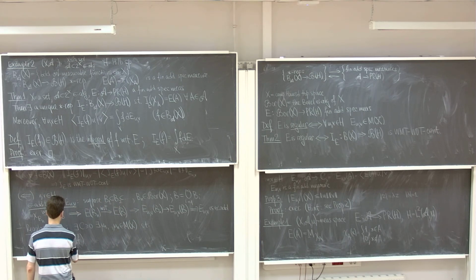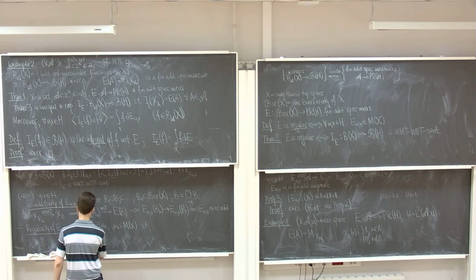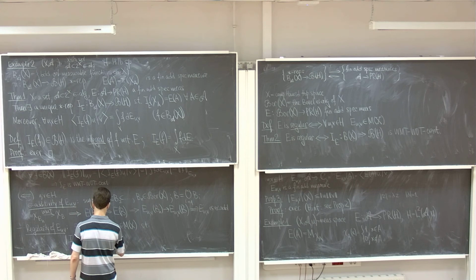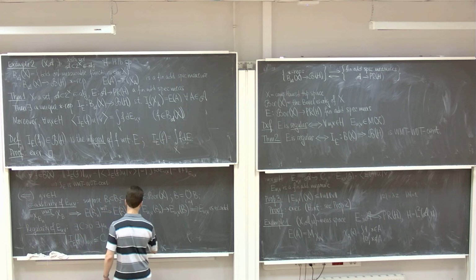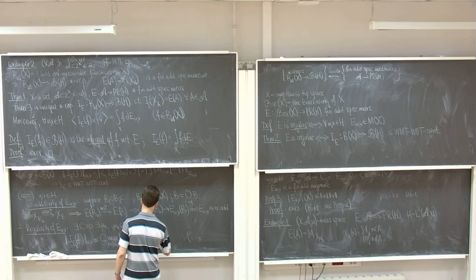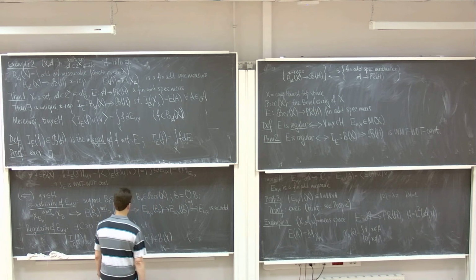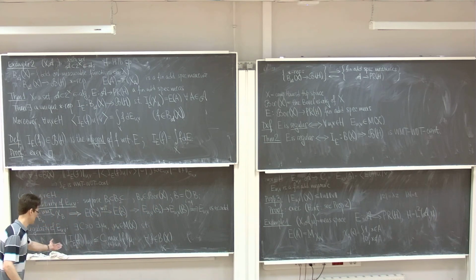For E of f, we calculate the seminorm corresponding to U and V, and the seminorm is dominated by C times the maximum of the respective seminorms of f, the maximum from 1 to n. And this holds for each f in B of X. So basically, this is the continuity criterion for the representation.